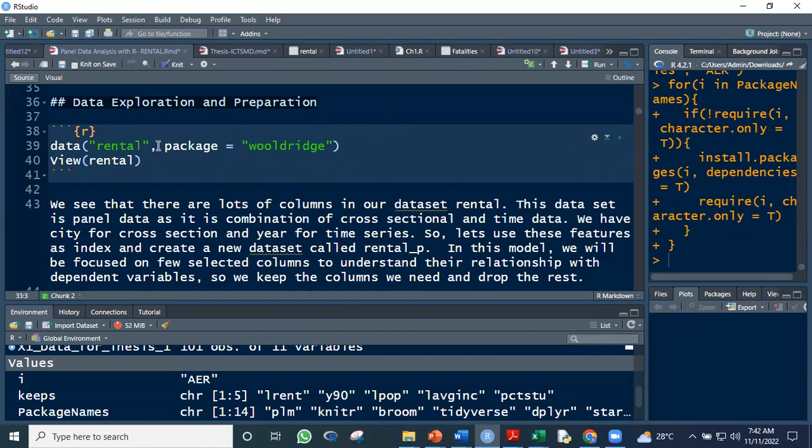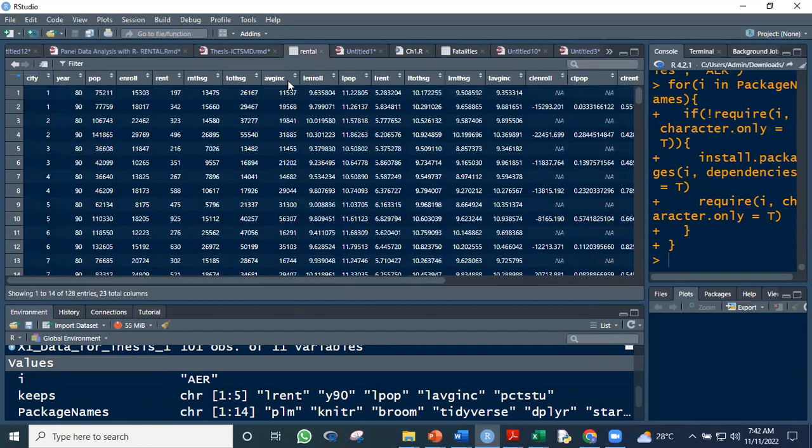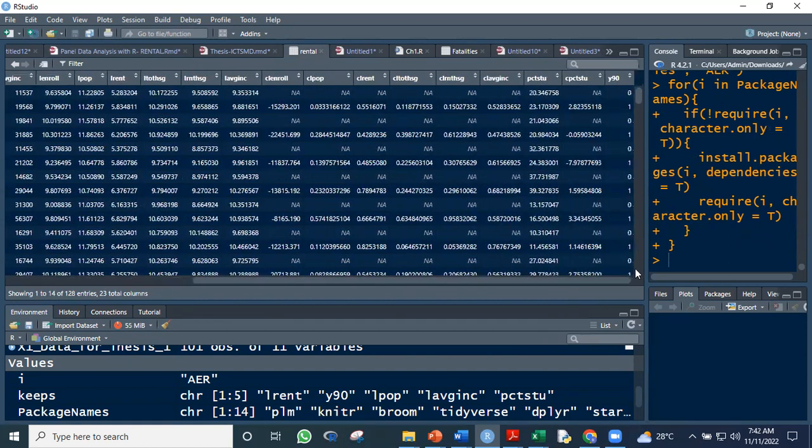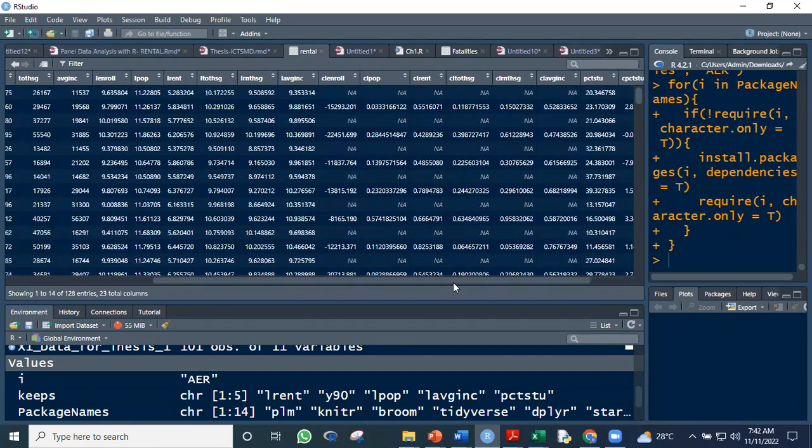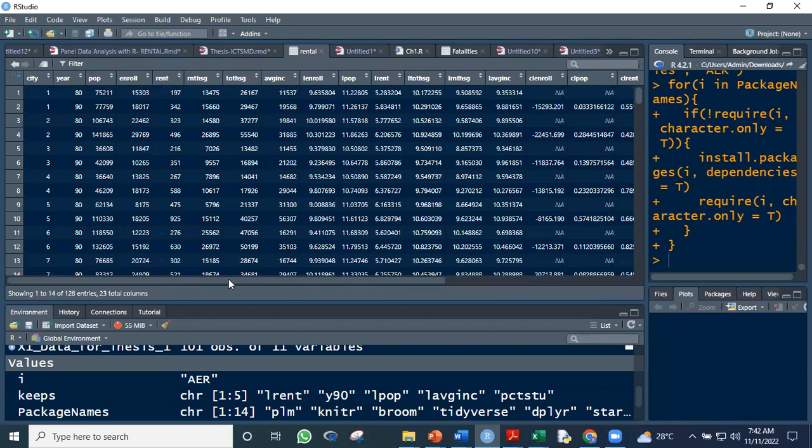All right, then we were looking at the rental data set. I will not run this again because I have already run this. So this is our rental data set. You have 23 columns, 23 variables. We're not going to use all of them. Some of them have missing values. So you have here city, and you can see here CT1, CT2, and your year is 80, 90.